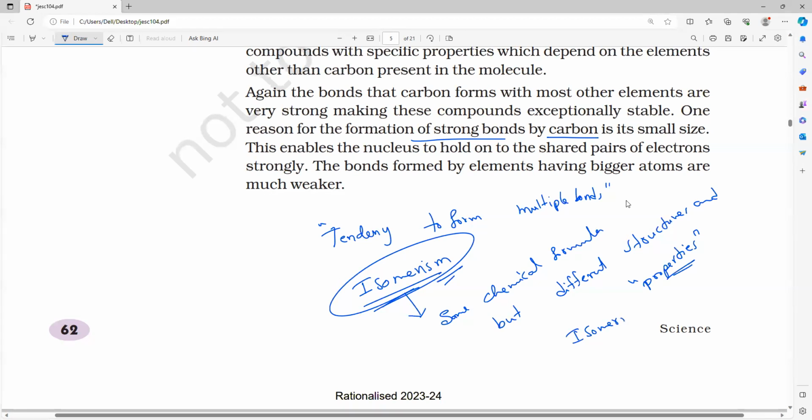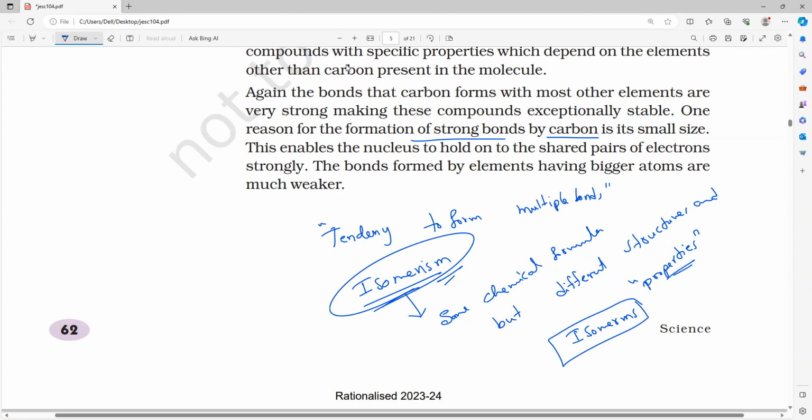Of course, this is the most important concept in the entire chapter. We will study that whenever it comes. So this is what makes carbon unique, the versatile nature of carbon. When they ask you why carbon is special, or what the versatile characters of carbon are, you have to write this. Are you clear, everybody? Please respond, everyone.